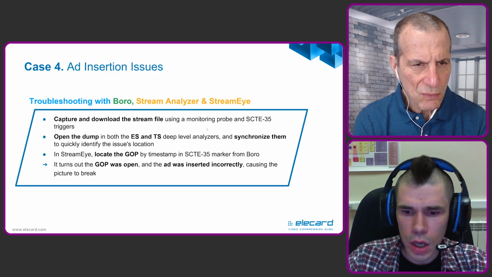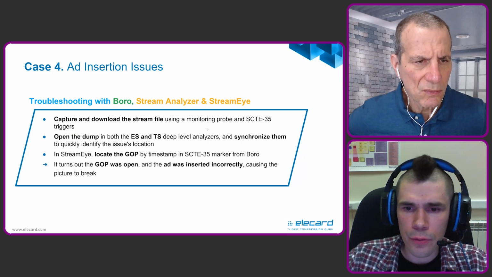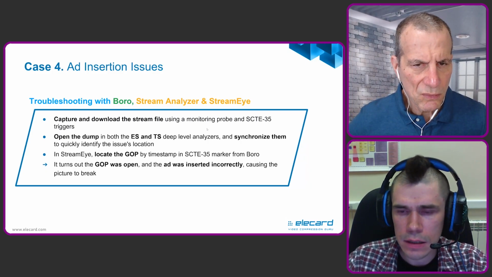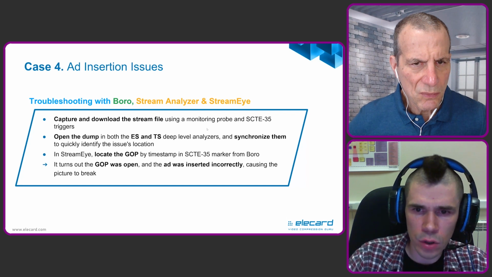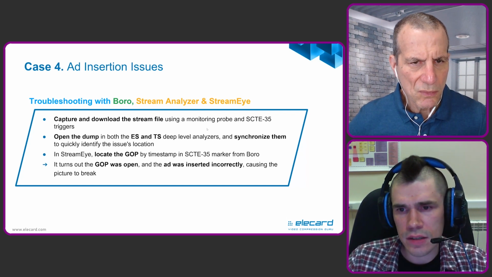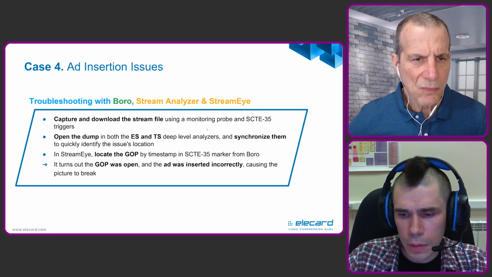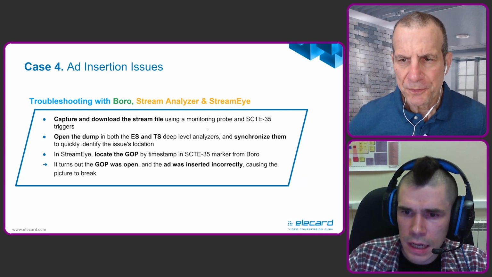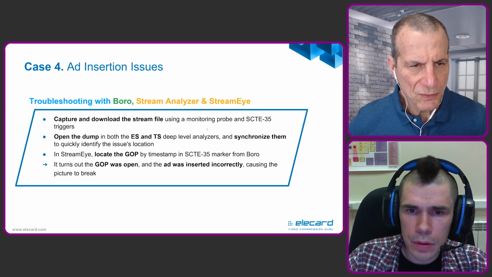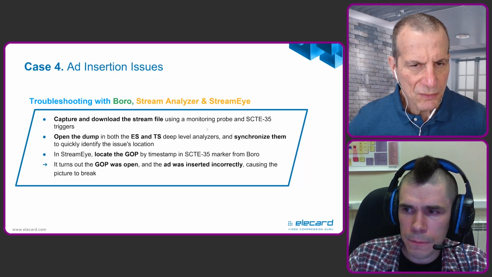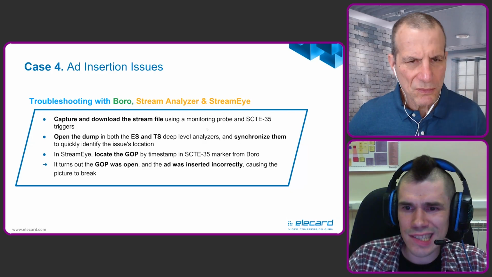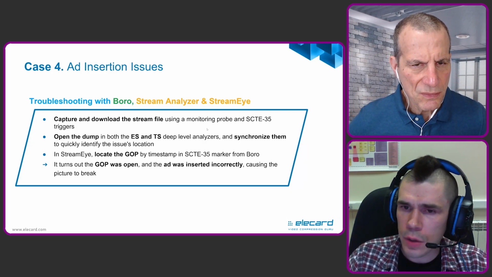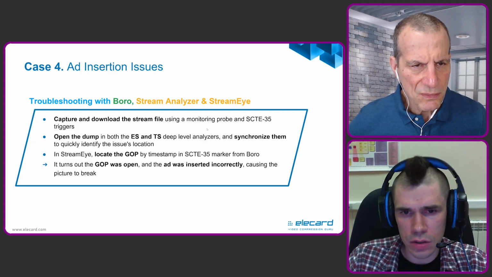So after all, we will have the files with the ad insertion inside, plus 20 seconds before and 20 seconds after. But in Boro, we need the exact timestamp of the frame where ad insertion starts. Otherwise, we can use the stream analyzer.